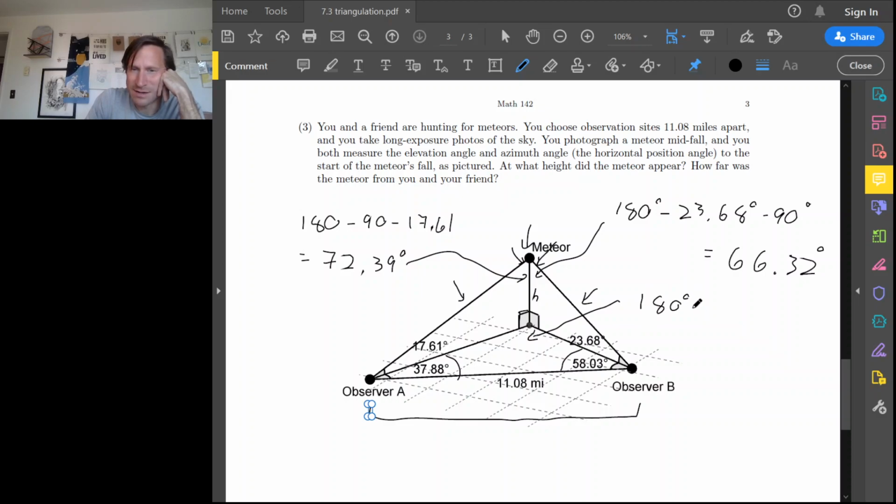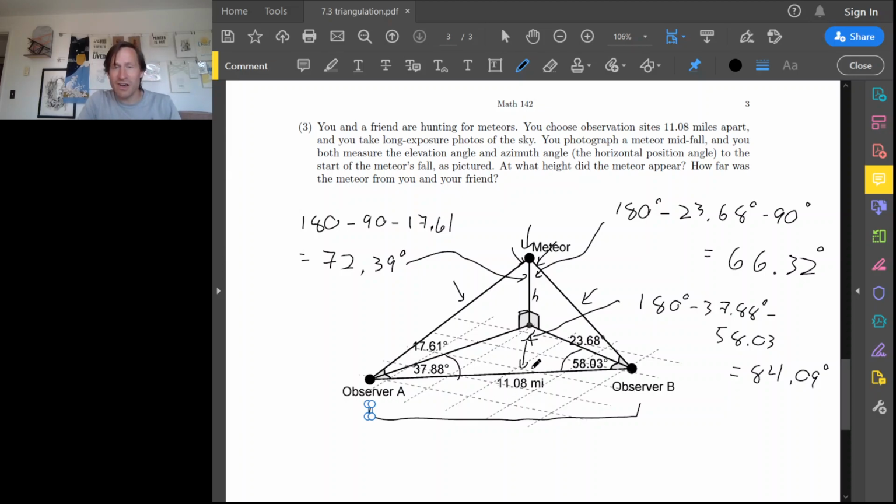It's 180 minus 37.88 minus 58.03, and I'm going to have to break out a calculator for that one. So 180 minus 37.88 minus 58.03, so 84.09 degrees.